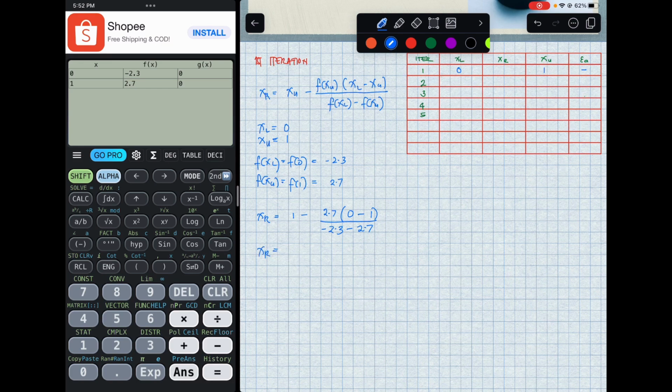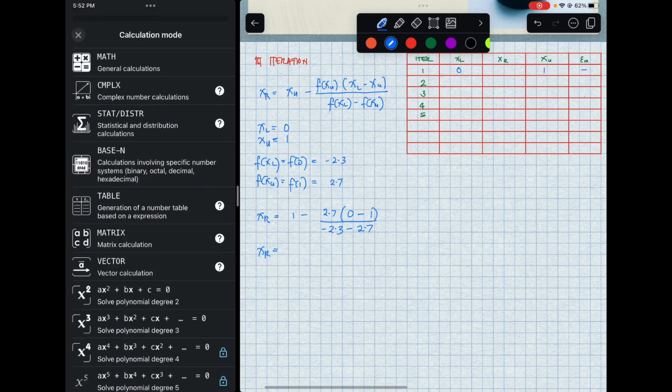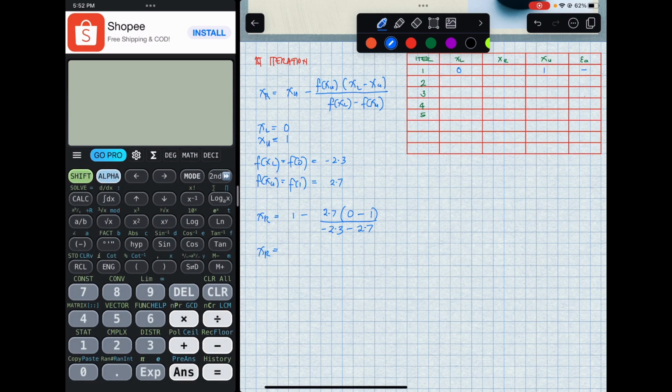So our x sub r will be 1 minus 2.7 times 0 minus 1, then divided by negative 2.3 minus 2.7.